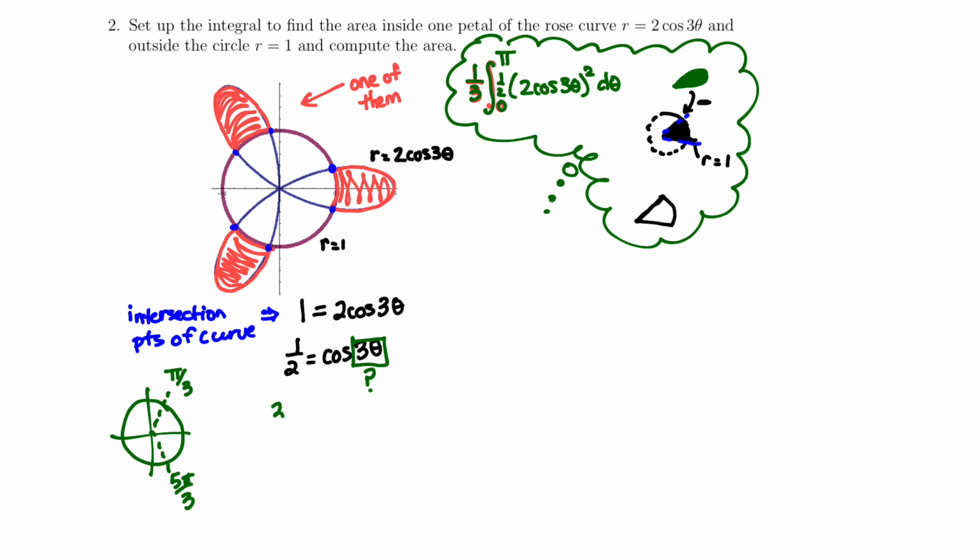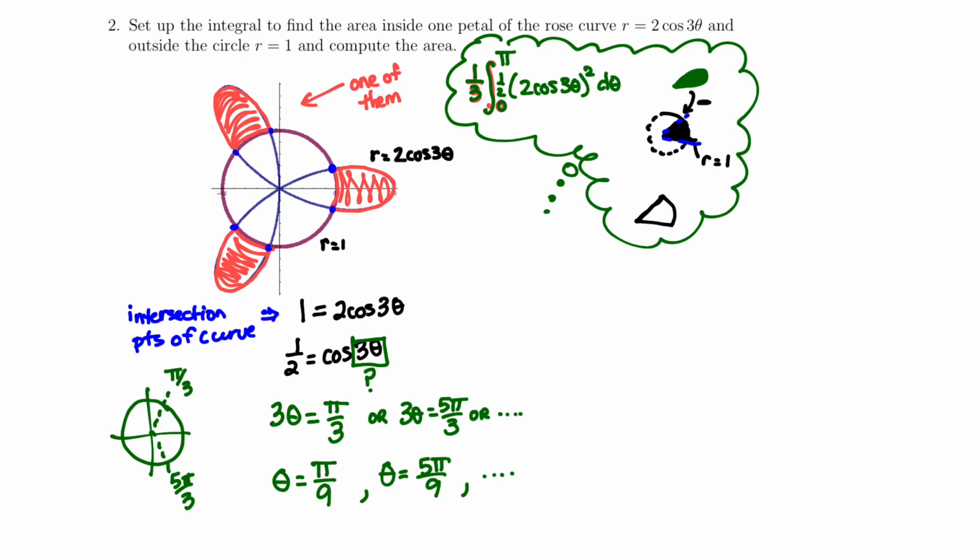So 3 theta would have to be pi over 3, or 3 theta would have to be 5 pi over 3, etc. We could add pi k, 2 pi k, all that kind of stuff, but for us, we're just going to say theta could be pi over 9, theta could be 5 pi over 9, etc. So I'm guessing theta is pi over 9 right here.